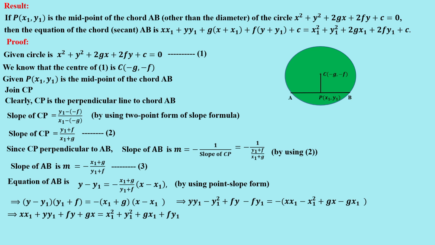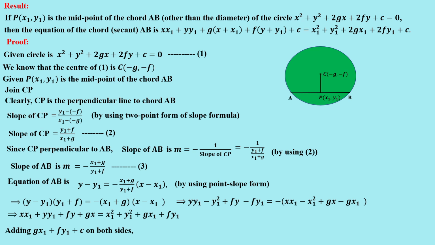So we have plus x·x1, plus y·y1, plus fy, plus gx on the left hand side, which is equal to plus x1², plus y1², plus gx1, plus fy1 on the right hand side.